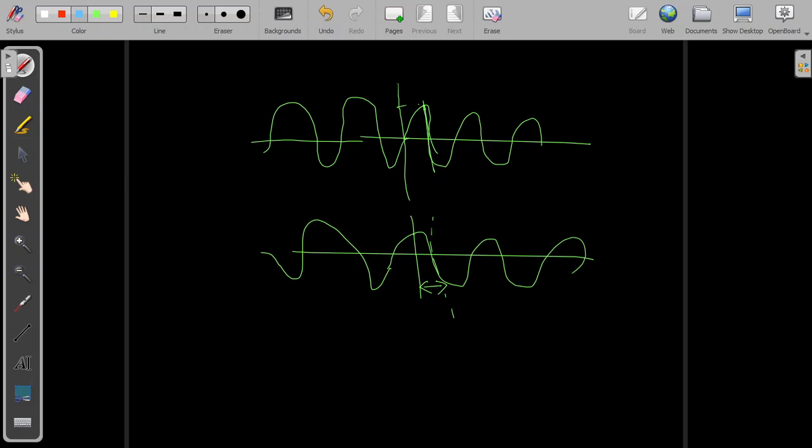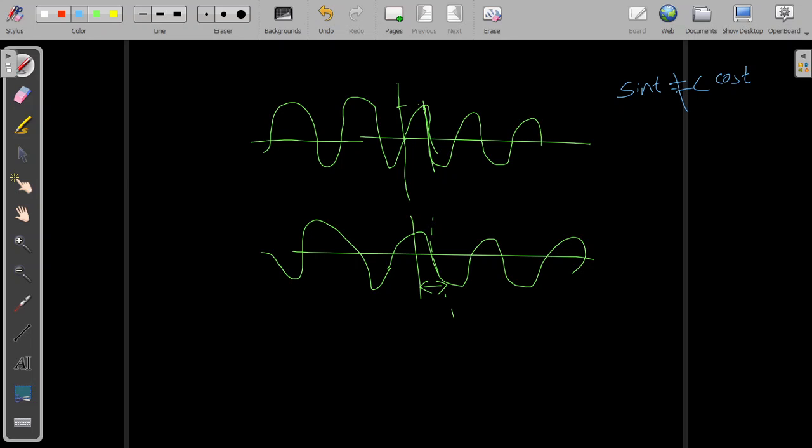So sin t and cos t are two independent functions, because we cannot express sin t equal to some constant c, some real value c, times cos t. This is impossible, so we cannot represent it as a linear combination.